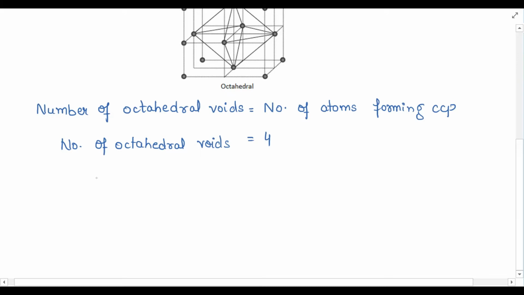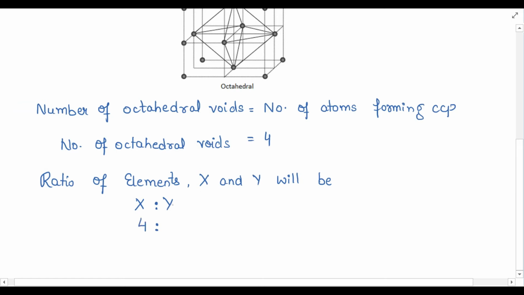The compound is formed by two elements X and Y, right? So the ratio of elements X and Y will be X ratio Y. The element Y is forming CCP lattice, right? And the element X occupies the octahedral void. So how many octahedral voids we are having? 4.